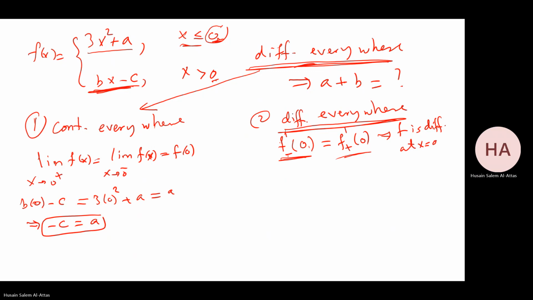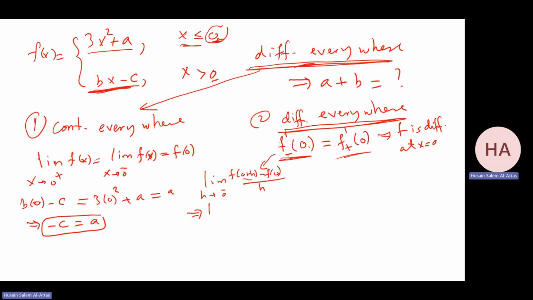Another way, let me do it this way. F prime from left means what? Limit, let me do it quickly. h goes to 0 from left, f of 0 plus h minus f of 0 over h. That means what? This h from left, I am here.